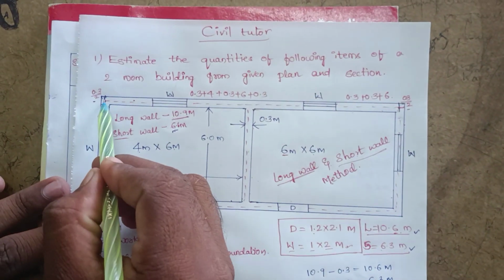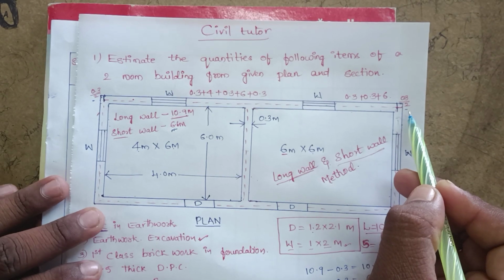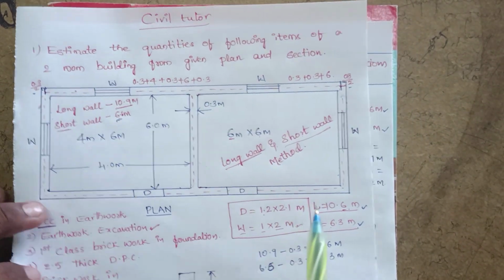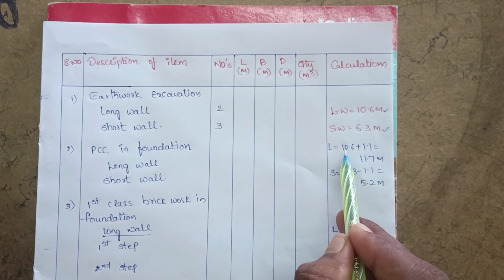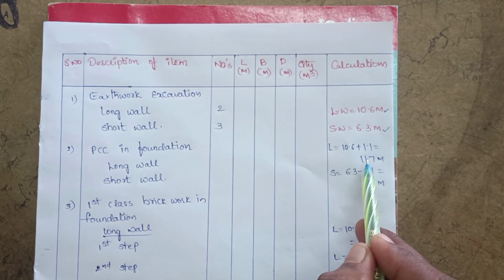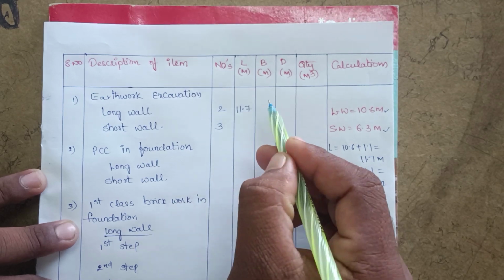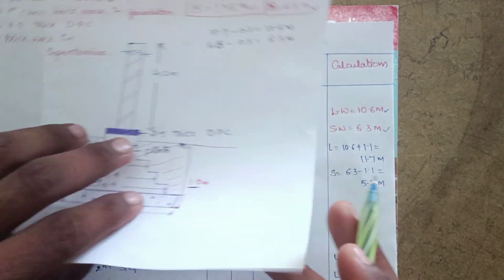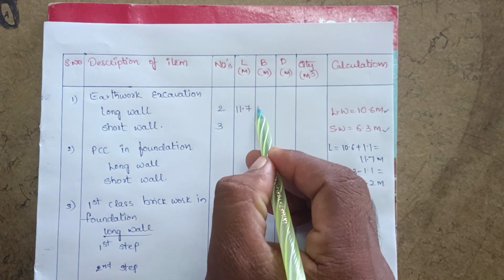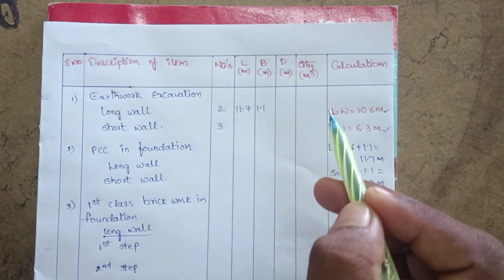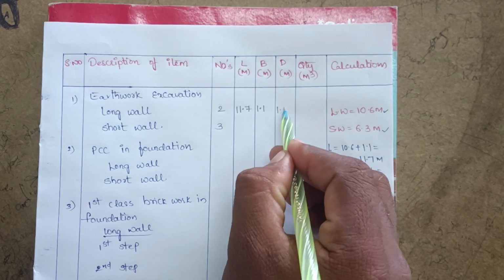For earthwork excavation, we need to do earthwork from here to here. So we need to add this 1.1 to this length, 10.6 plus 1.1, which is 11.7 meters. And the width is the same, 1.1 from the section. And the depth is 1 meter as we calculated earlier.